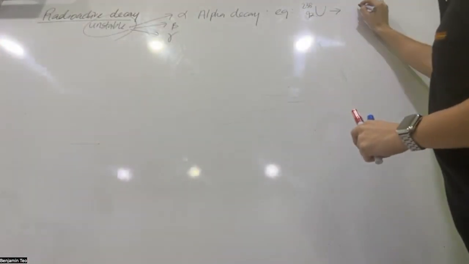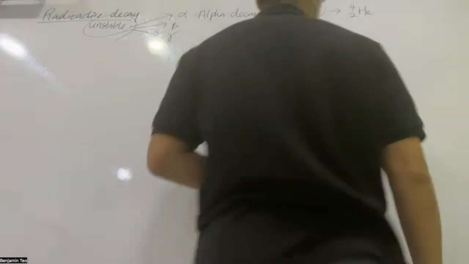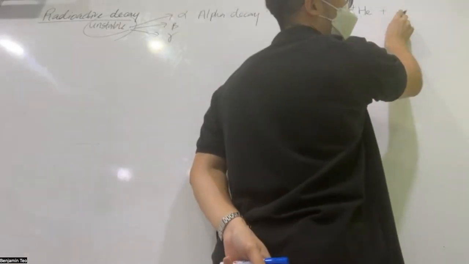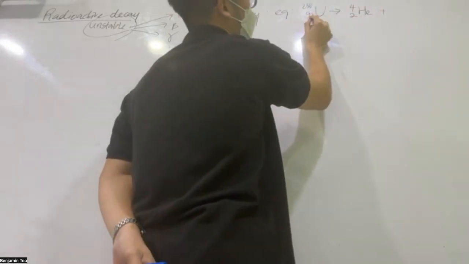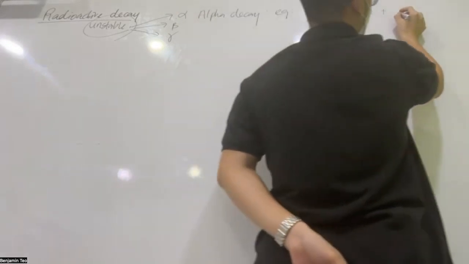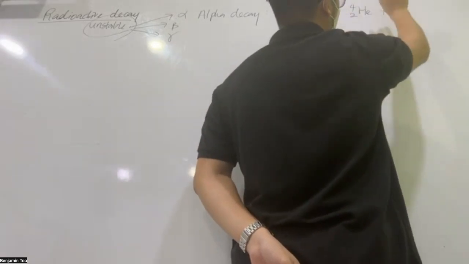So I give out one alpha, He-4-2, plus a new element, because when it decays, the proton number changes. 92 minus 2 gives 90, and 238 minus 4 gives 234.